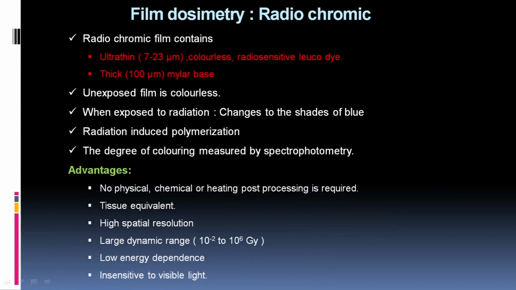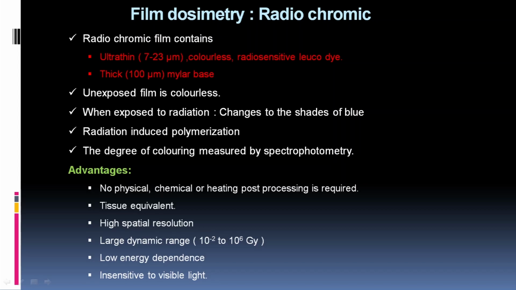And nowadays we are using radiochromic film, which is very commonly used because of its easy-to-use process. This radiochromic film contains an ultra thin 7 to 23 micron layer of colorless radiosensitive leuco dye and a thick 100 micrometer mylar base. When unexposed, this film is colorless.